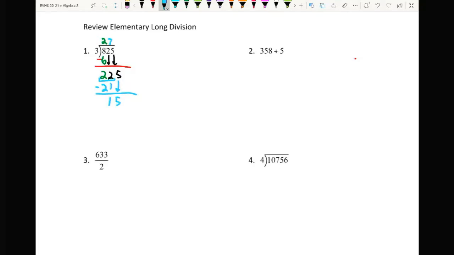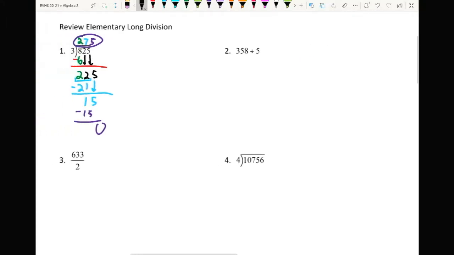And now we say, how many times can 3 go into 15? Well, it will go in 5 times. 3 times 5 is 15. Subtract it out, and I got 0. Now at this point, if that was a number, I'd have a remainder, but I don't, so my answer is just 275.